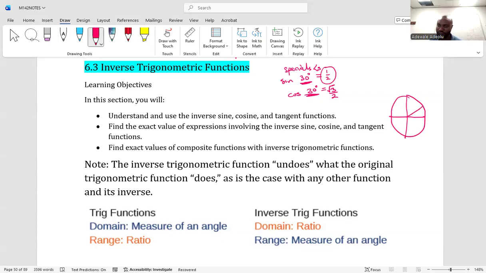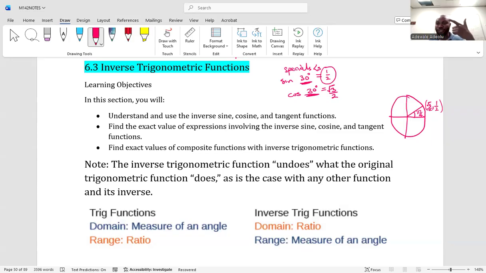Now, let's quickly go back to our unit circle, and we say this is root 3 over 2 and 1 over 2 for maybe pi over 6. And I say, what is the angle such that its sine is, say, 1/2?